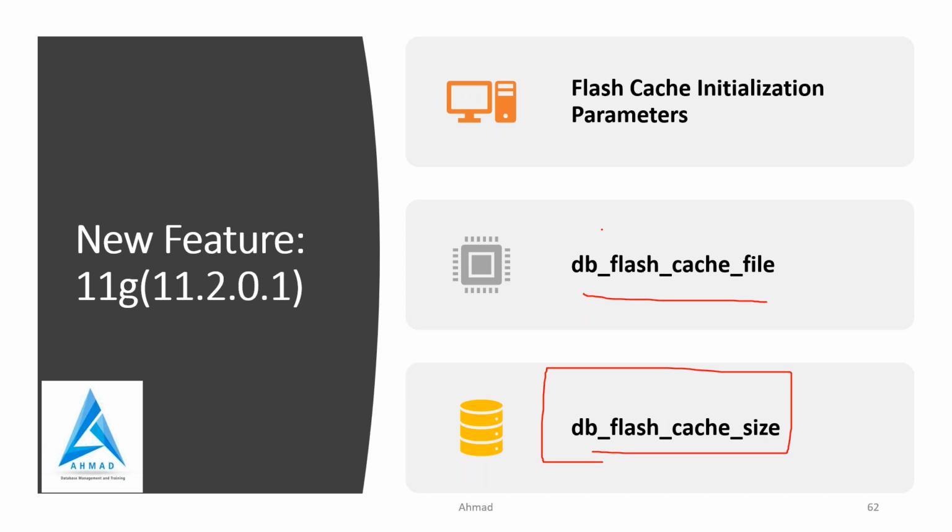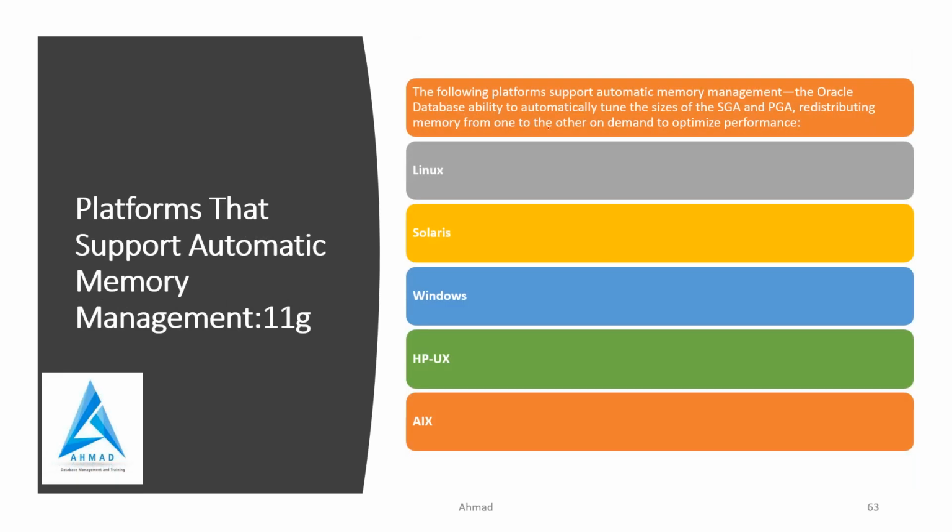And if you enable flash database cache, that buffer is also created. So you can say you have 10 types of buffer cache from 11g. And these are the platforms that support automatic memory management: Linux, Solaris, Windows, HP-UX, AIX.